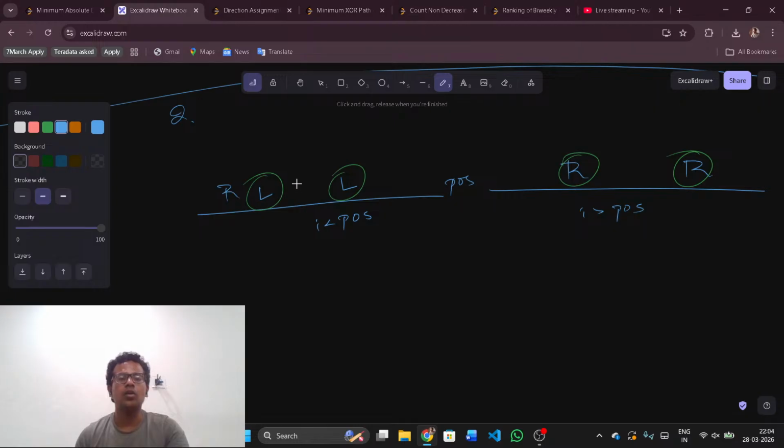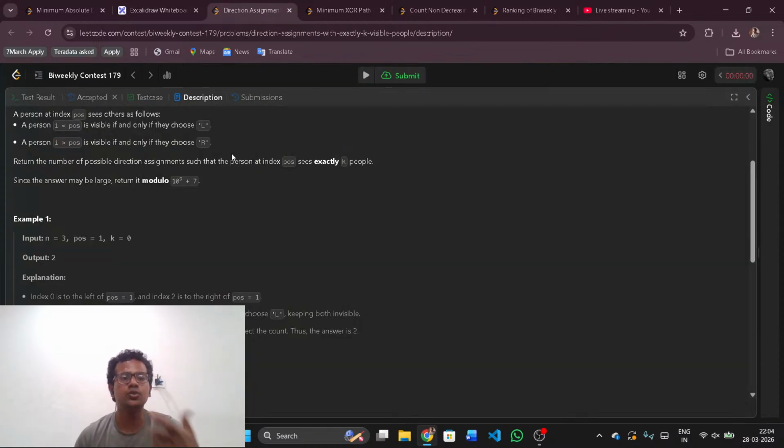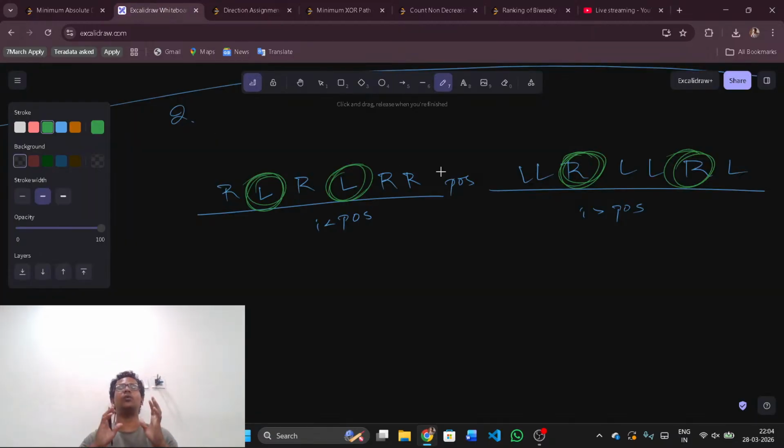Remaining all are not visible, they are just invisible here. Only those who are on the left and choose L, only those who are on the right and choose R are visible. I'll tell you how we can solve this. It's just a simple problem.